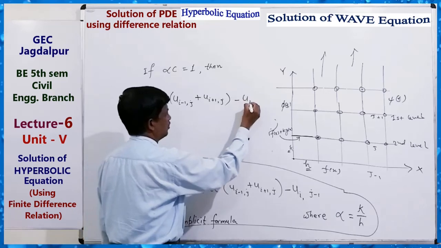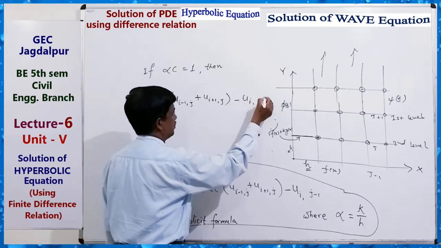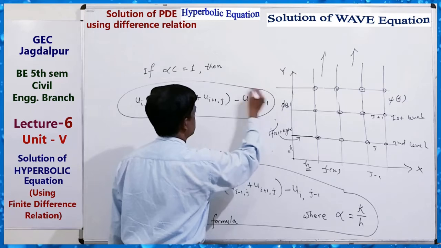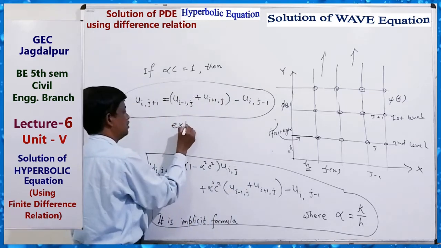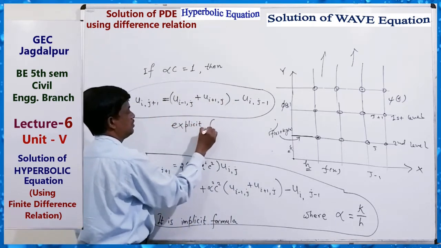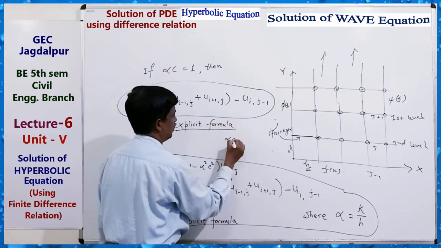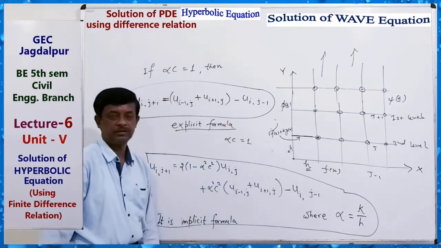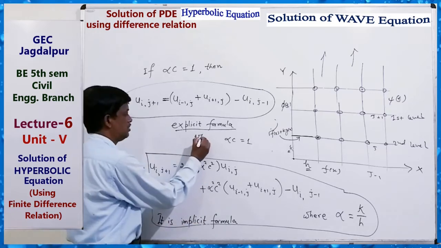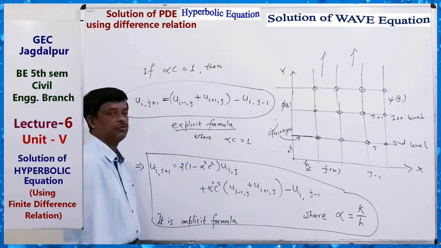So this formula is the explicit formula, for alpha c equals 1.